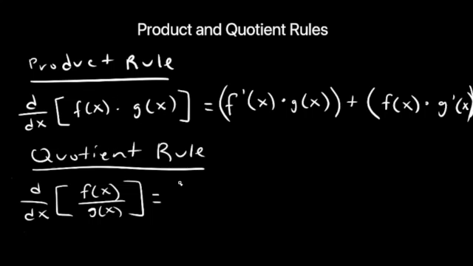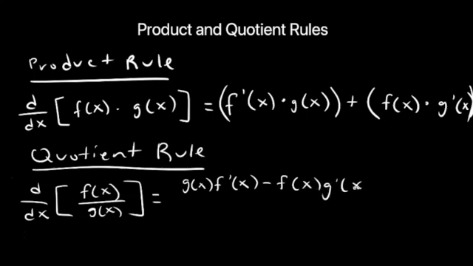So you take the normal g of x and multiply it with f prime of x, the derivative of the top.